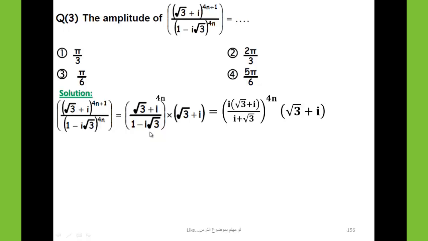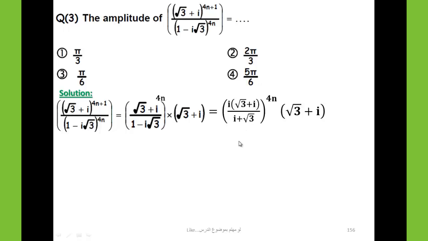So the result will be root 3. Again, to simplify this fraction, we multiply up and down by i. Multiplying the numerator by i, we get i root 3 plus i. Multiplying the denominator by i, we get 1 plus root 3, as i square equals negative 1. Multiply negative, we have positive.